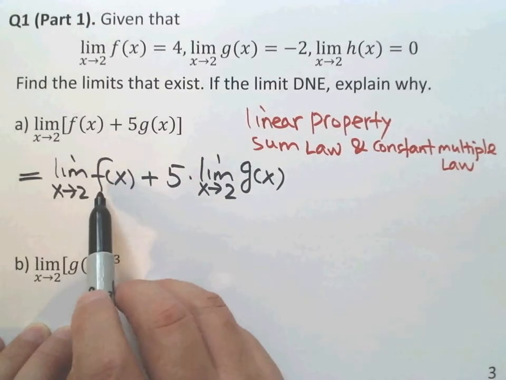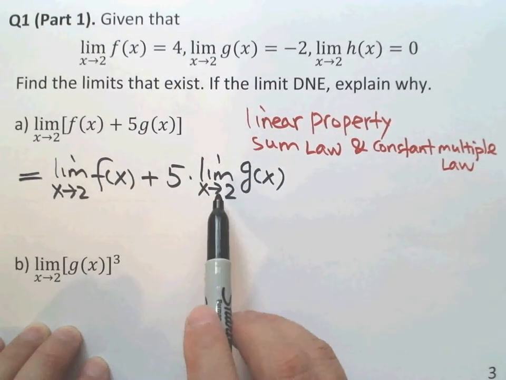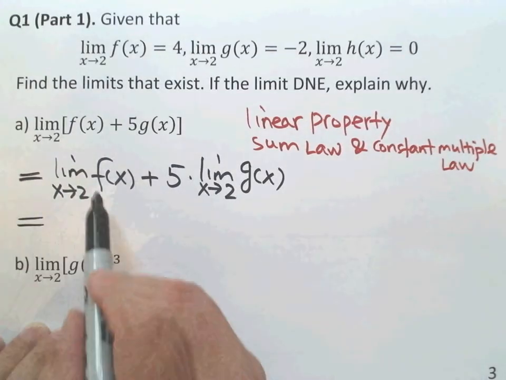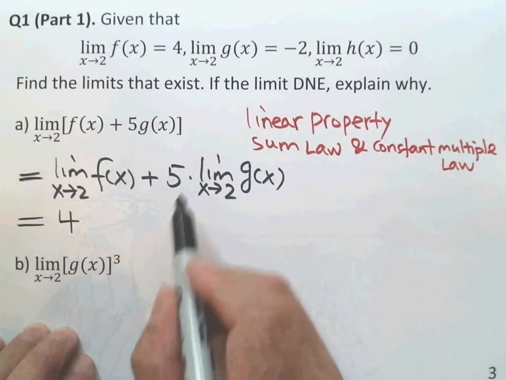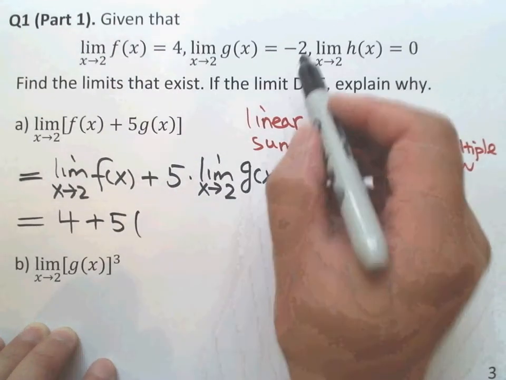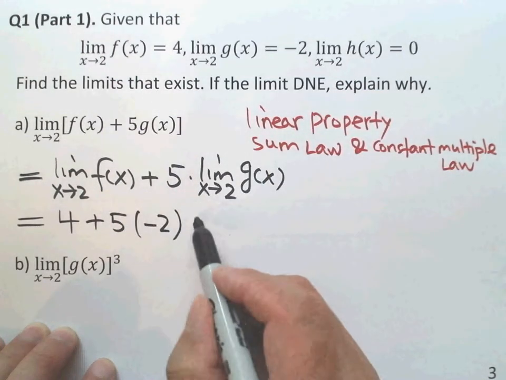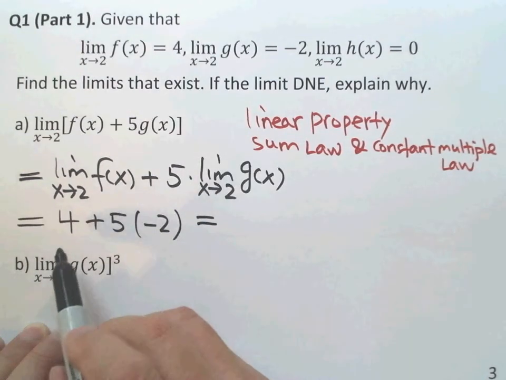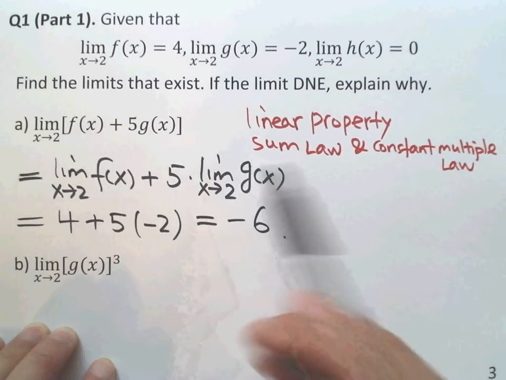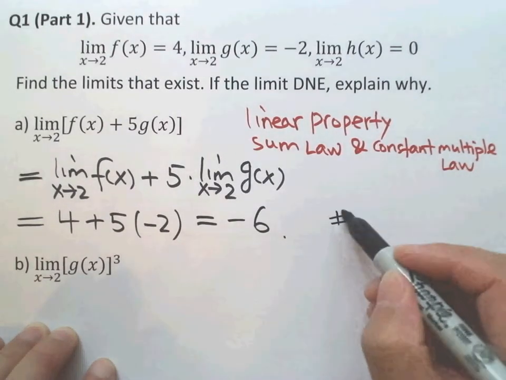All we need to do is find out that the limit of f is 4 and the limit of g is negative 2. Therefore we get 4 plus 5 times negative 2. Then do the calculation: 4 minus 10 is negative 6. This is the first question.